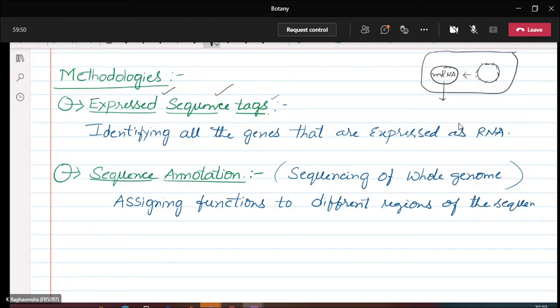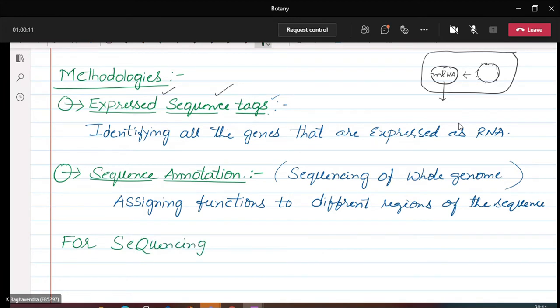For example, you found out the sequence of a gene in chromosome number 1. You have to assign the function. You need to find out the function also. Then, in order to sequence, what do you have to do? Let's start. The first step for sequencing.